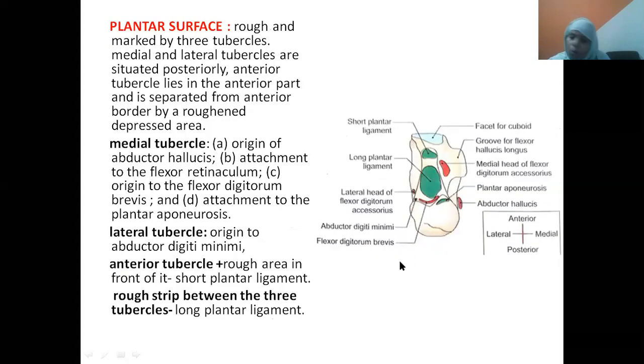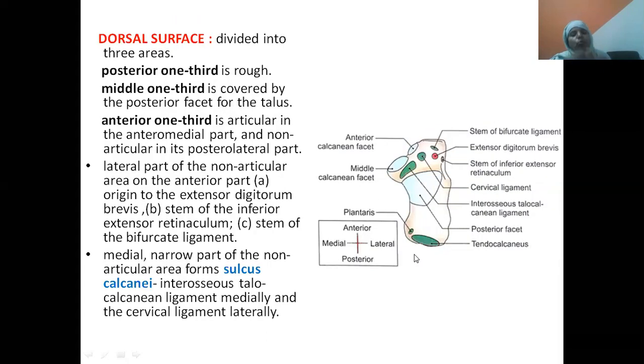Of the inferior aspect, only the posterior aspect I want you to know thoroughly because it can come as a 3 marks question. See, what I am showing you is the posterior aspect of the calcaneum bone. It is very much rough, very much bulky. Okay. And why is it important? Because it is receiving the insertion of the tendocalcaneus, Achilles tendon, from gastrocnemius and soleus.